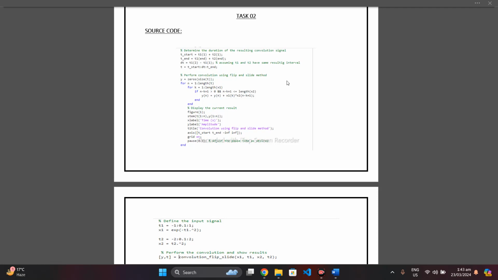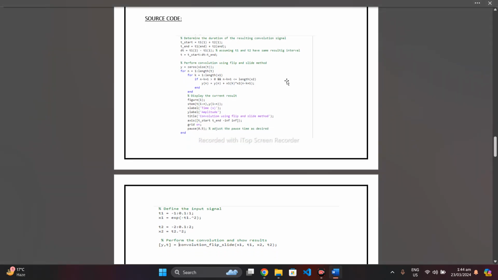Again we define the input signal, that is T1 ranging from -1 to 1, then use exponential to define T2, and in the last we convolve both these signals by using the flip and slide method. At the end we get output like this. In a few seconds we get all these samples.